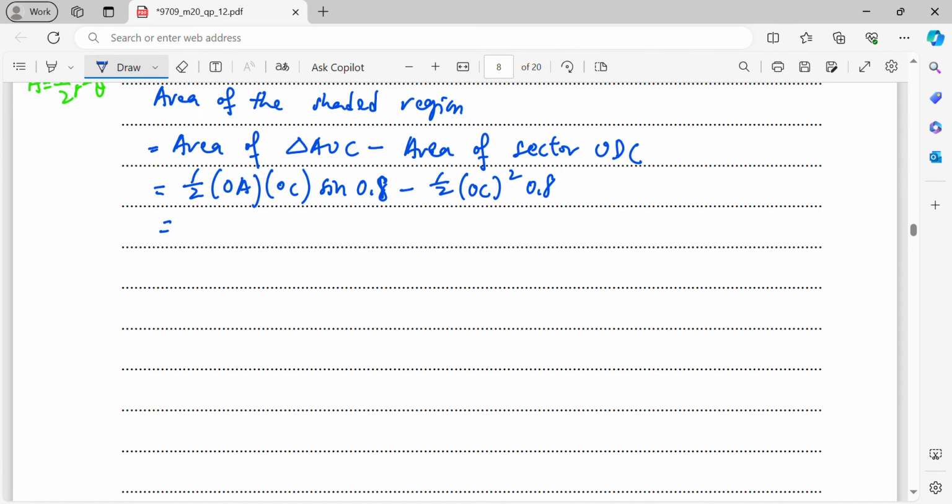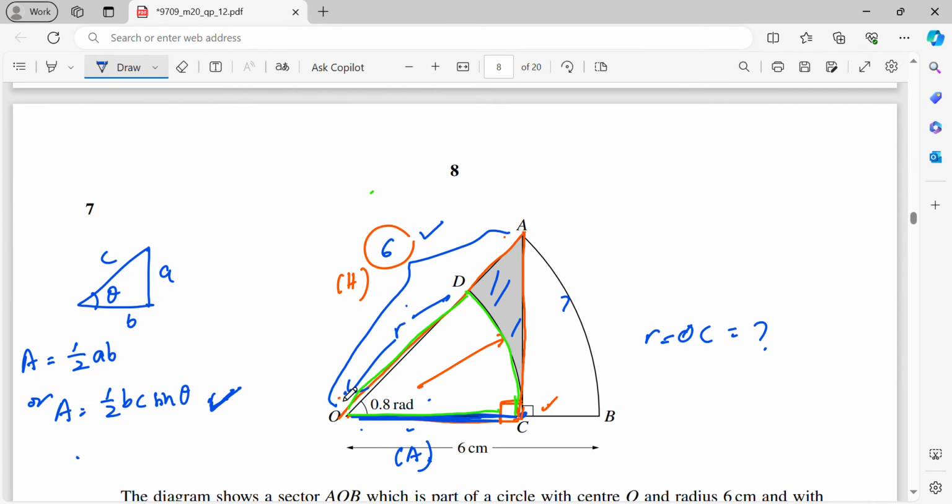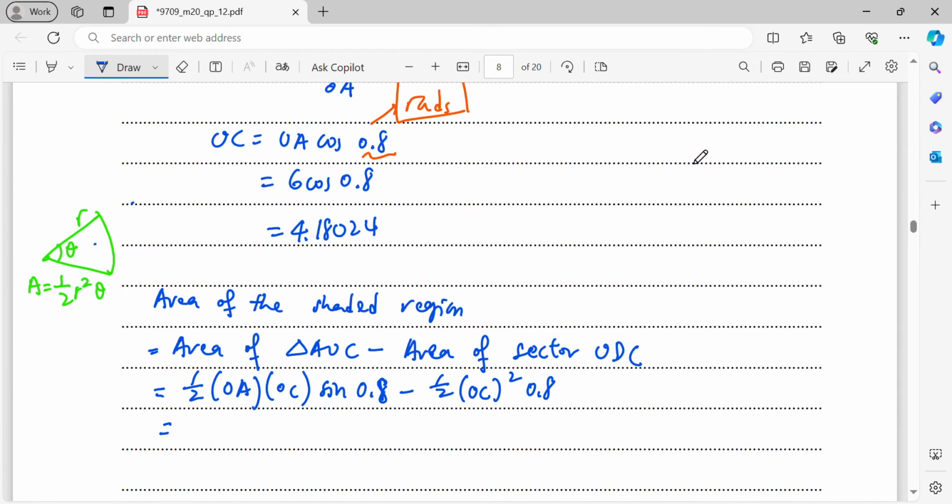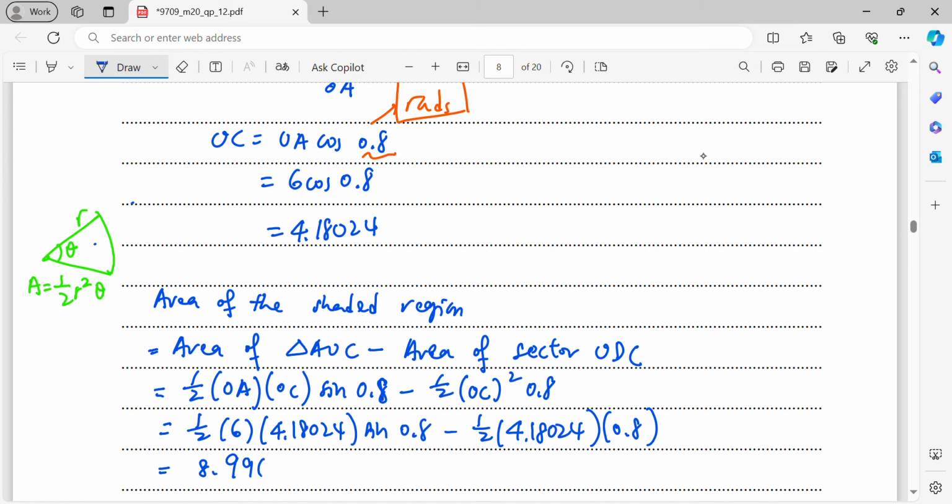Okay, so now replace the values. I mentioned OA is 6, OC just found. So half times 6 times 4.18024, then sine 0.8, minus half the OC is 4.18024 times 0.8. Then from here you will get 8.99616 minus 6.989763.